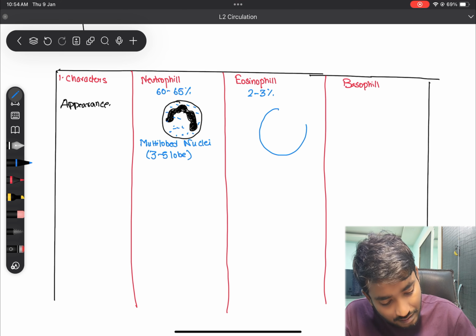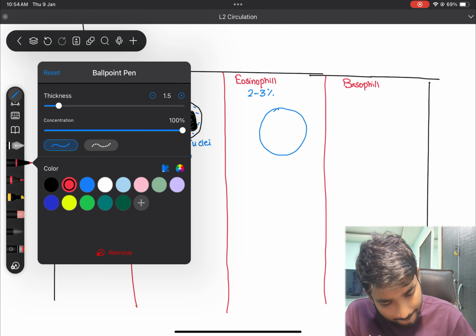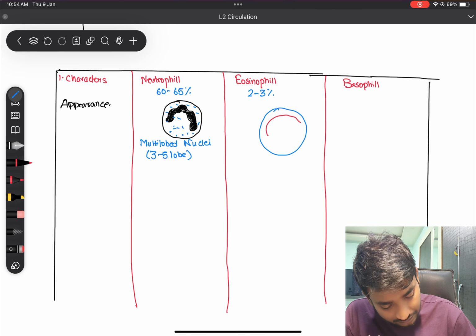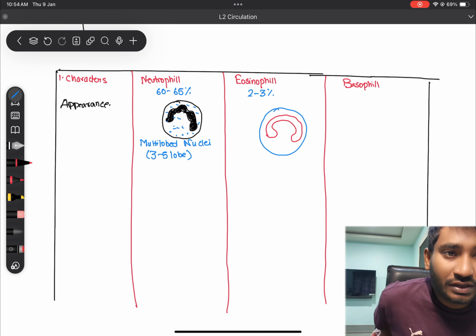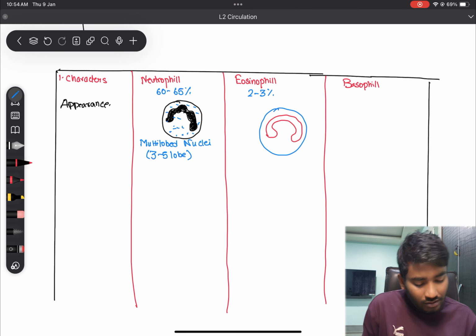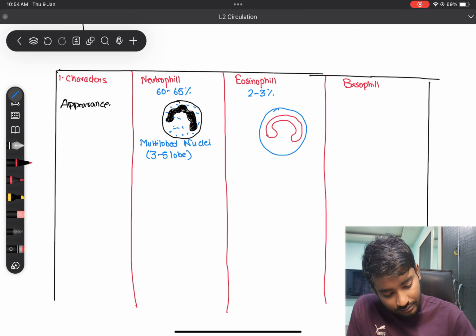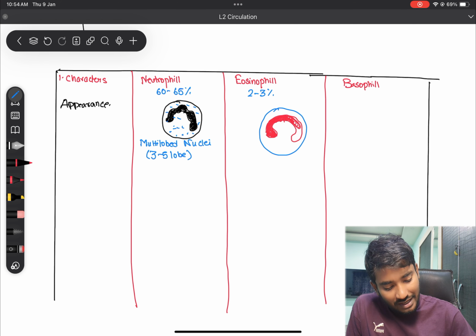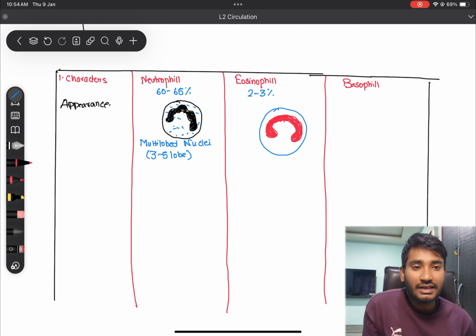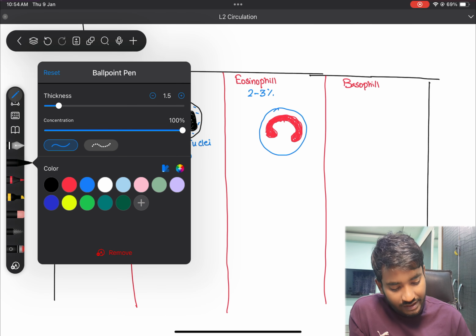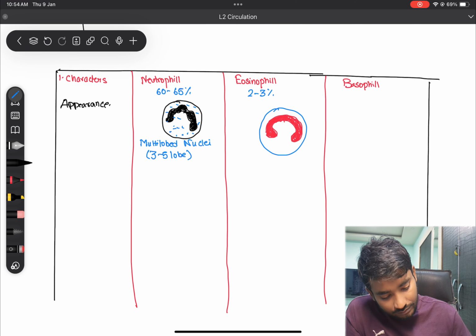The eosinophil nucleus is basically kidney shaped or headphone shaped, like an over-the-ear headphone, not like earbuds.